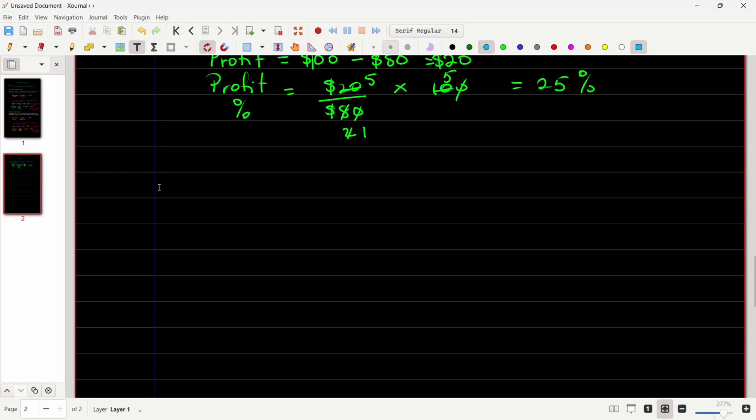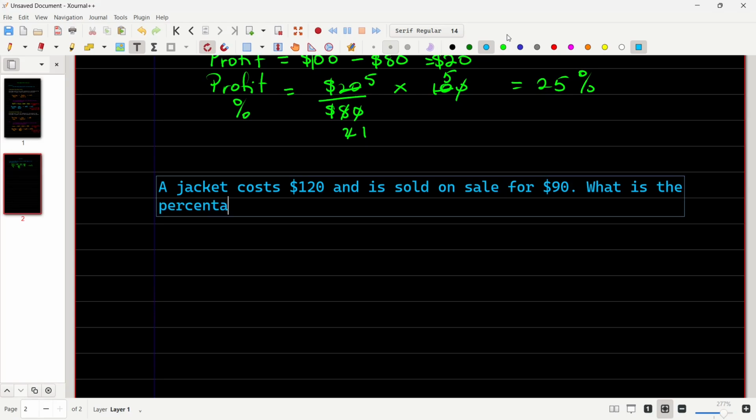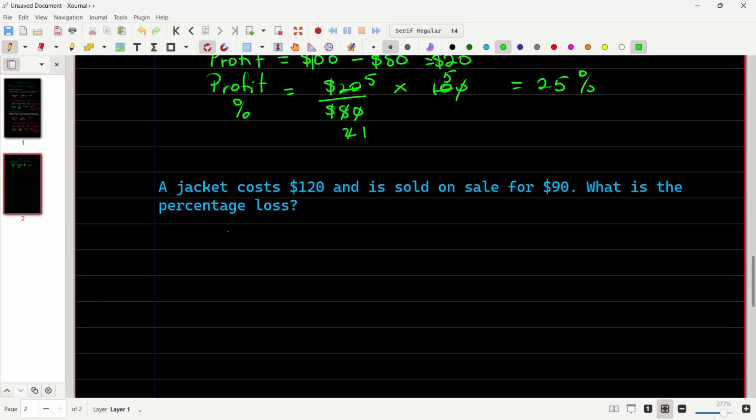Next one here. A jacket costs $120 and is sold on sale for $90. What is the percentage loss? All right, so let's go ahead and do this.